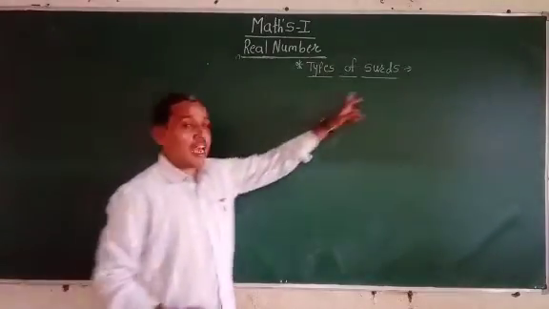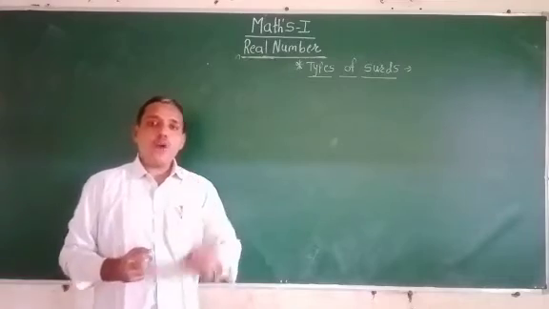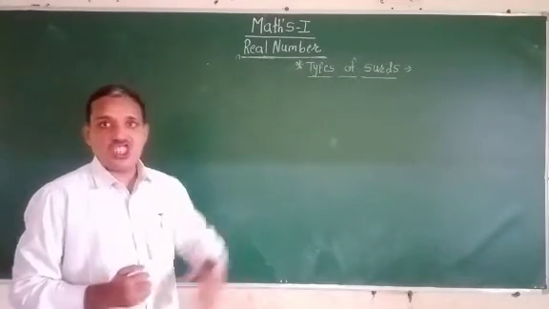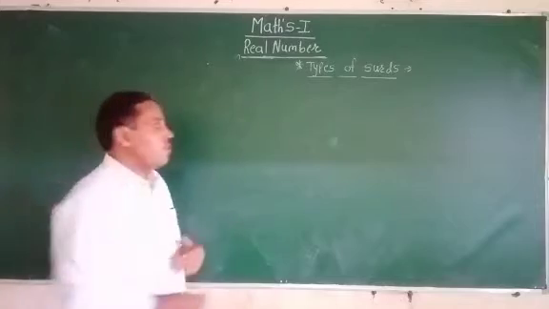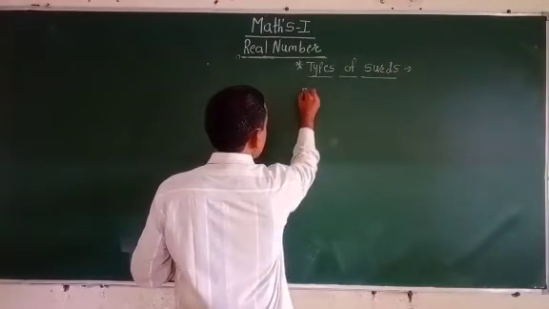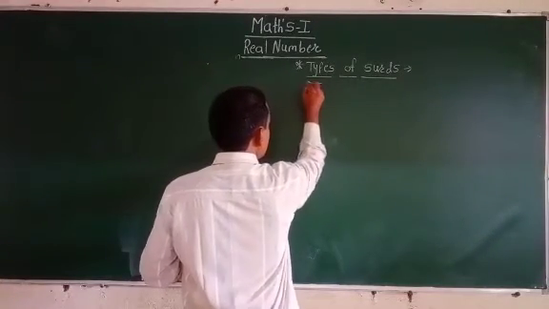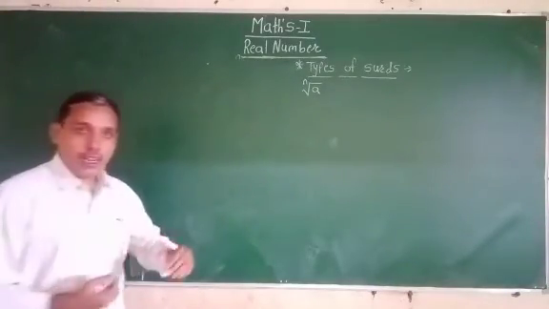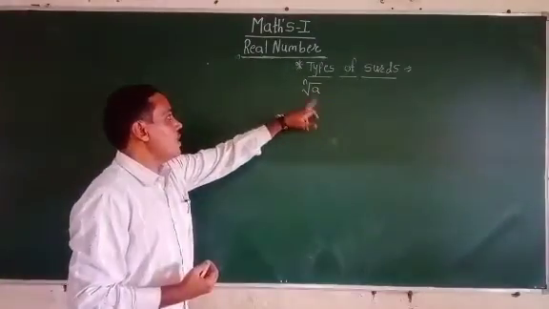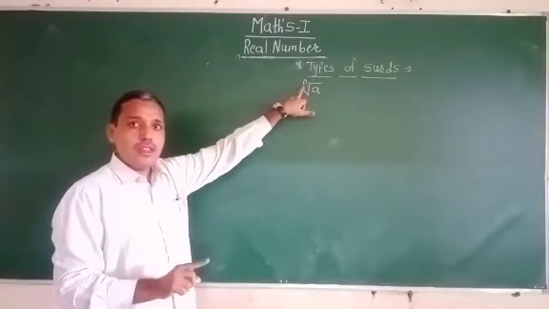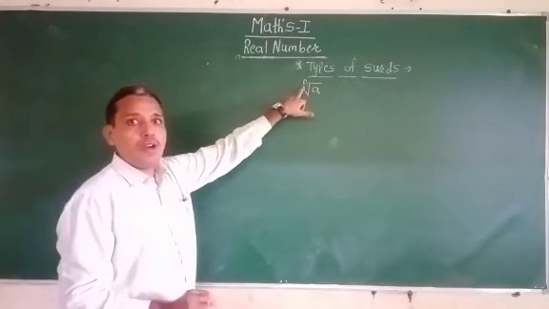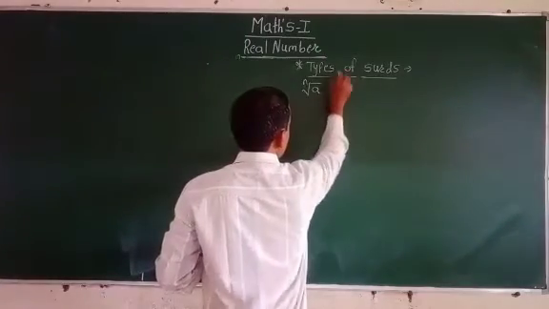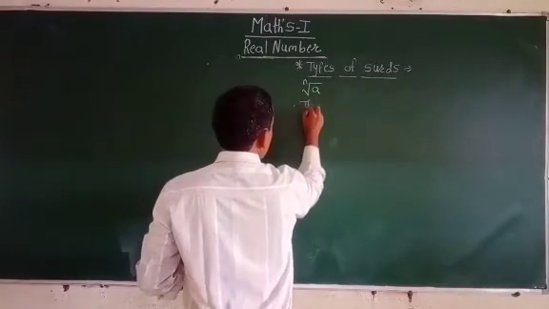The next topic is the types of surds. How can we say which type of surds it is? In a surd, n is the order, and if we get the value of n, then we can say which type of surds it is.